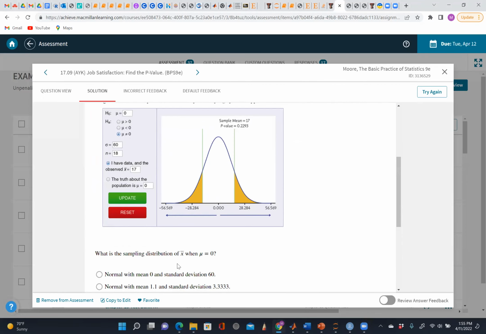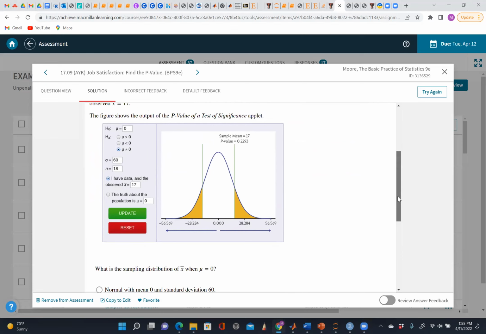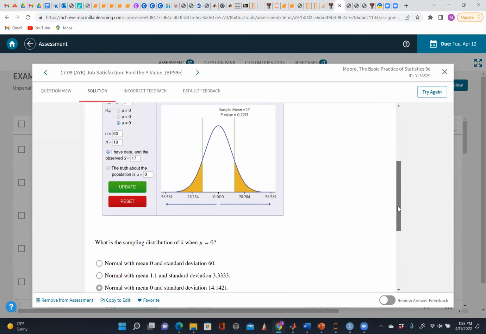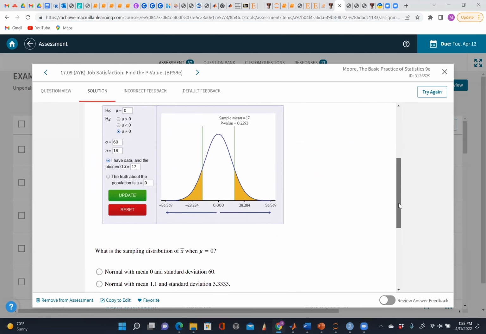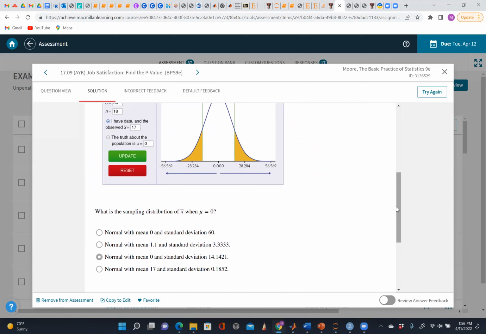So what is the sampling distribution of x bar when mu is 0? First you need to find the sampling distribution. To find it, we need to calculate the standard deviation. We know that the distribution of x bar is a normal distribution with mean mu and standard deviation sigma over the square root of n.